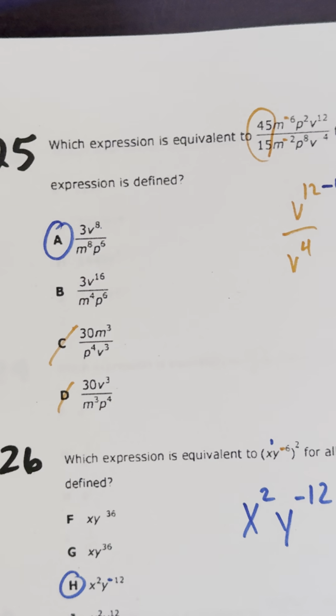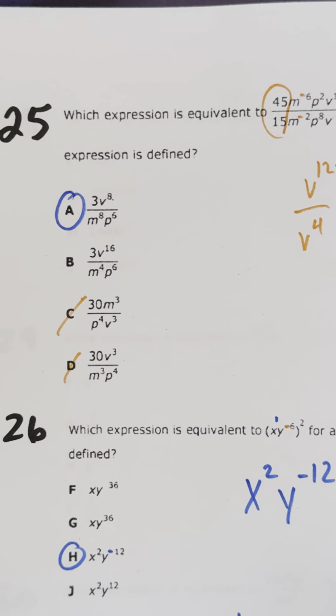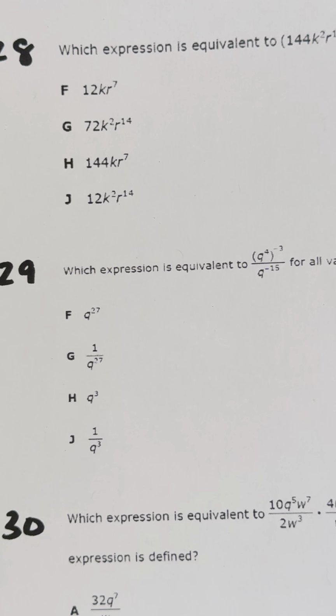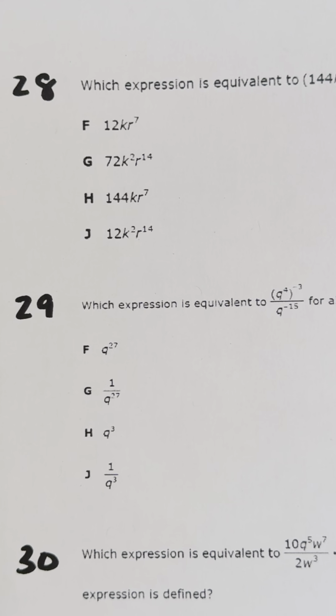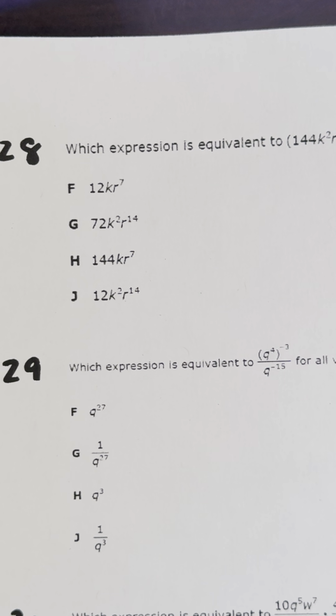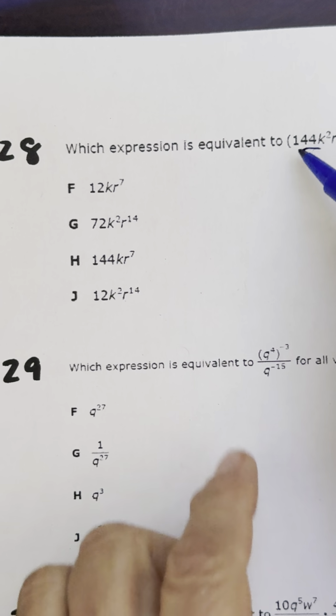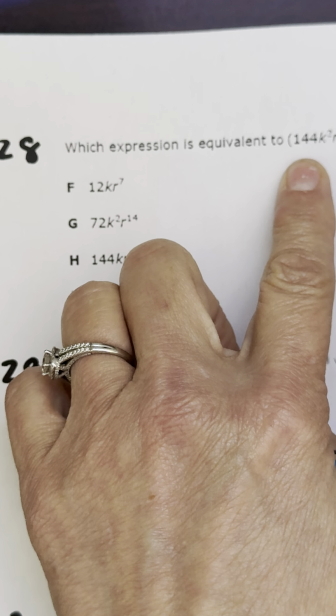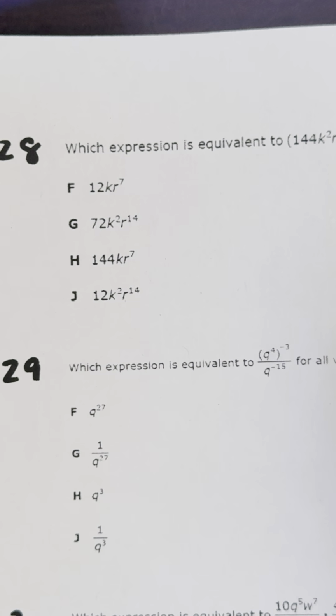And next is... So this will be the next page on your review. So go to that other picture. So pause. Okay, so when it's on the outside, it's a power to power. So we're going to multiply. But that does not mean that we do 144 times 1/2.